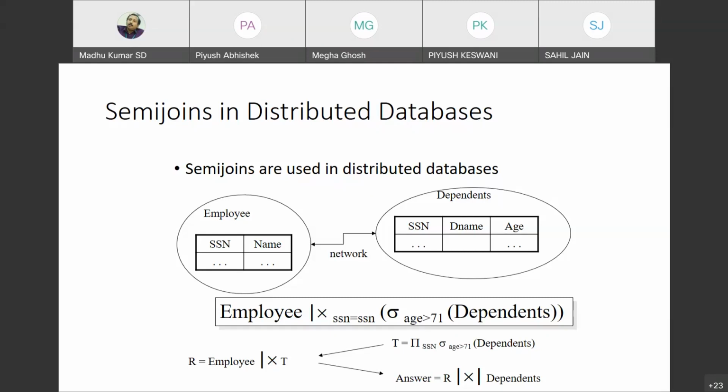So what you get is the join of employees and dependents, with the employee SSN followed by the name of the employee. This contains the names of all employees who have dependents aged above 71. So the query is to find the names and SSNs of all employees who have dependents aged above 71.